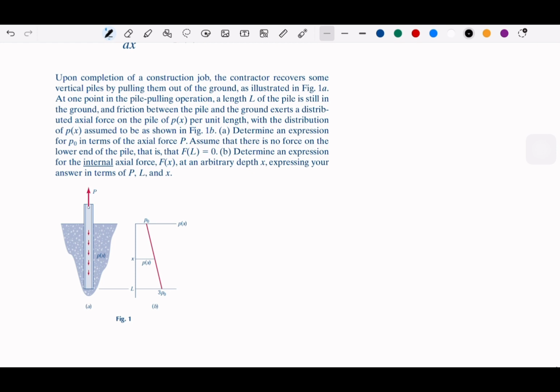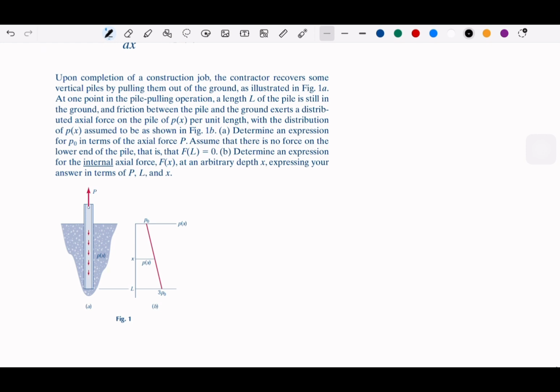When we pull out, we have a reaction which is going to be distributed along the member. And so we have a distributed p. That's why we have the p of x here. Okay. And then it has a length L.